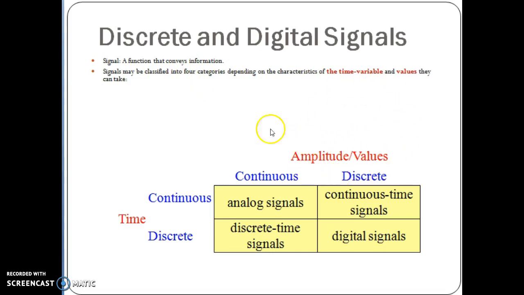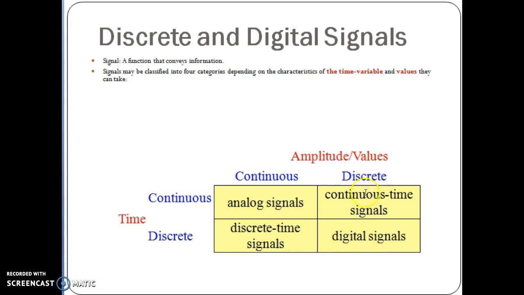Now, one way to understand the various types of signals: you may have heard about analog signals. Analog signals are continuous in amplitude and continuous in time. If the signal is discrete in amplitude and continuous in time, you can call it a continuous time signal. Whereas if the signal is continuous in amplitude but discrete in time, we call it a discrete time signal.